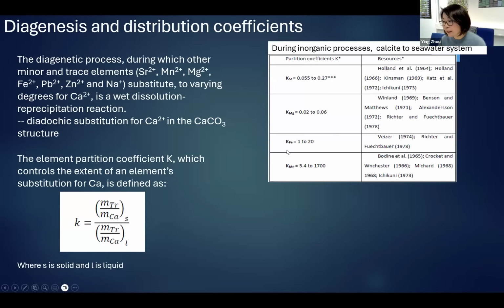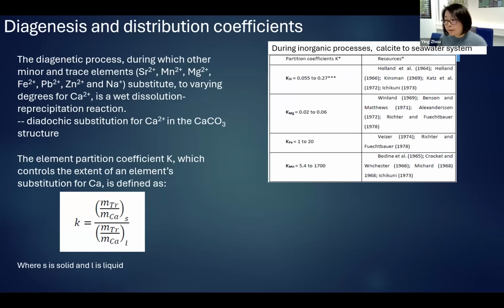If K is larger than 1, the greater it is, the more easily the element will be scavenged from the fluid into the solid during diagenesis.